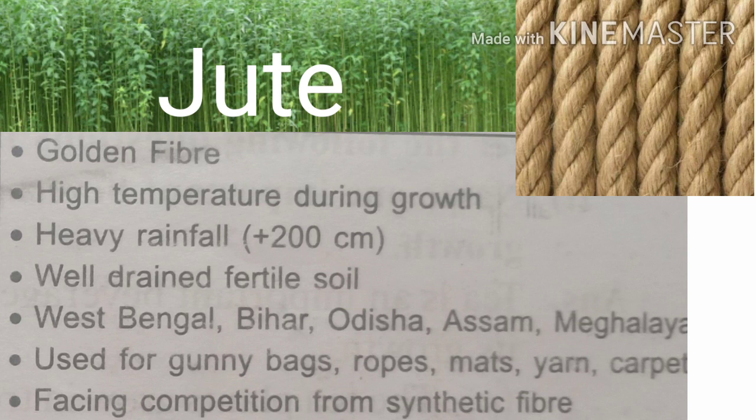Major jute producing states are West Bengal, Bihar, Odisha, etc. Jute is used to produce gunny bags, ropes, mats, yarn, etc. The jute industry is now facing stiff competition from the synthetic fiber industry. To protect the jute fiber industry, the government has adopted the national jute policy.